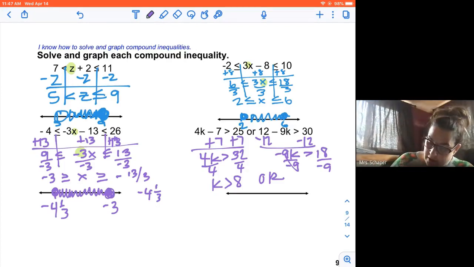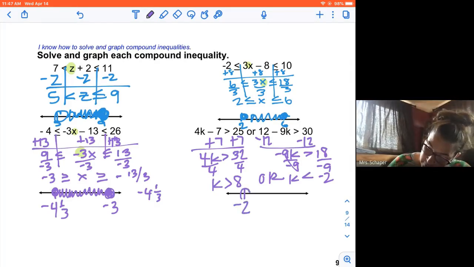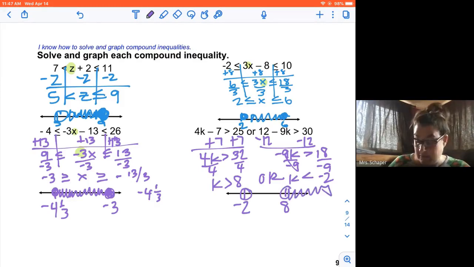So now my inequality sign is going to be less than, so k is less than negative 2. So either k is less than negative 2 or k is more than 8. It's an or statement. It shades apart.